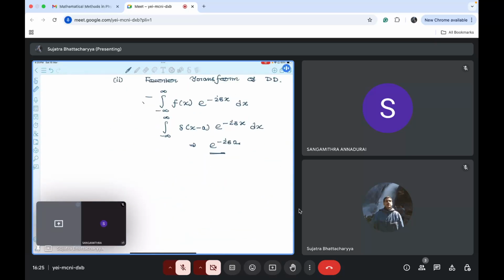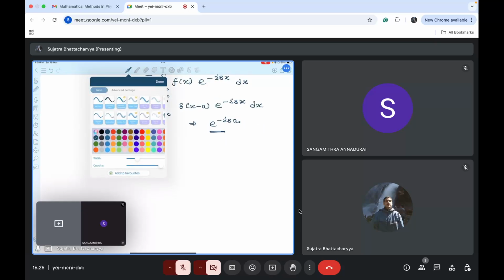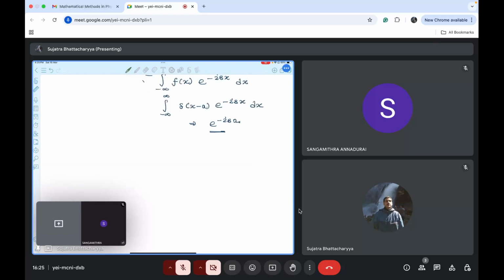These are a couple of things which one must know. Now maybe we have some half an hour or 25 minutes, so I think we can go for the Green's function. The next part will be the Green's function and how we solve the ordinary differential equation, particularly the particular solution, using the Green's function.